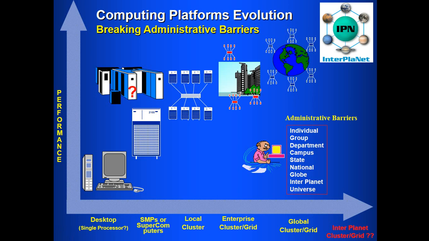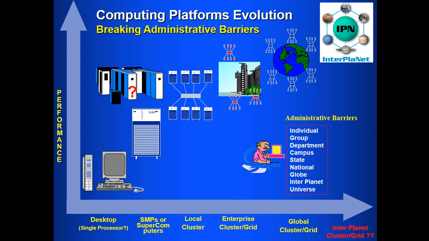In this figure, you can see two dimensions: the performance dimension, and in the other dimension the evolution of computing platforms. The first type is the desktop computer. After that you can see SMPs or supercomputers.